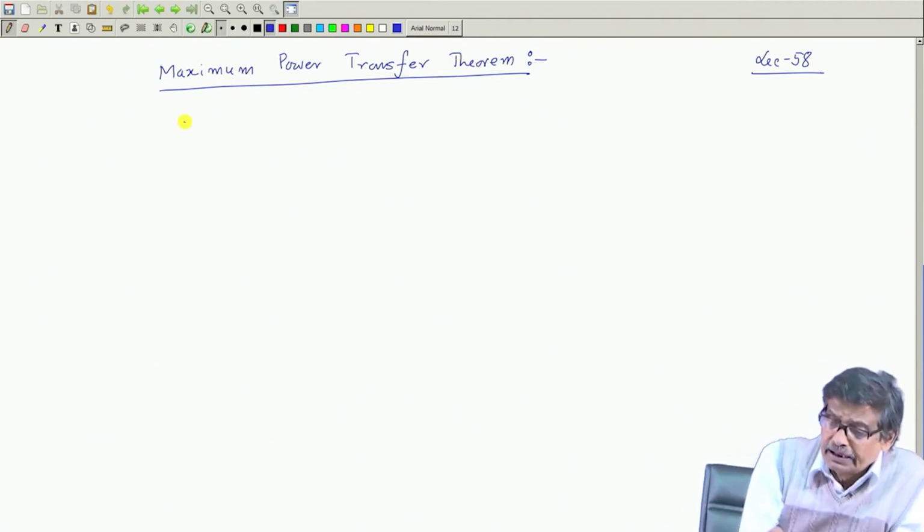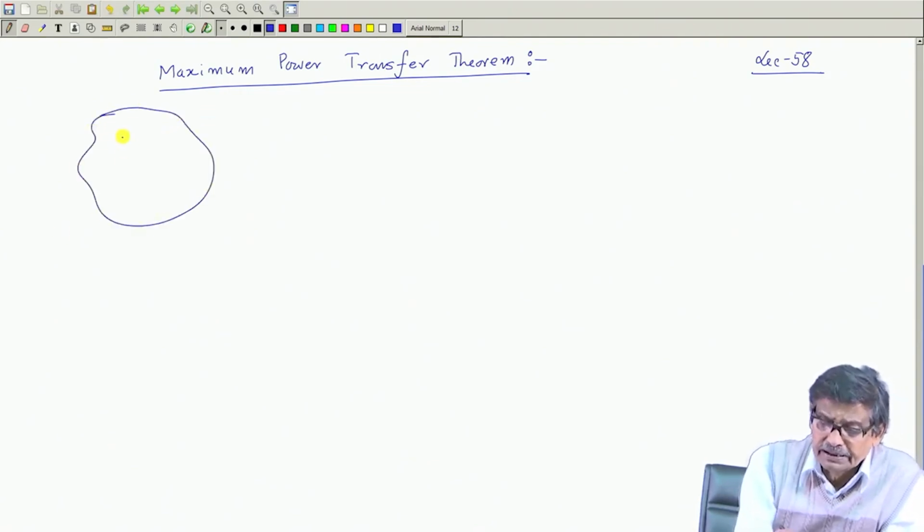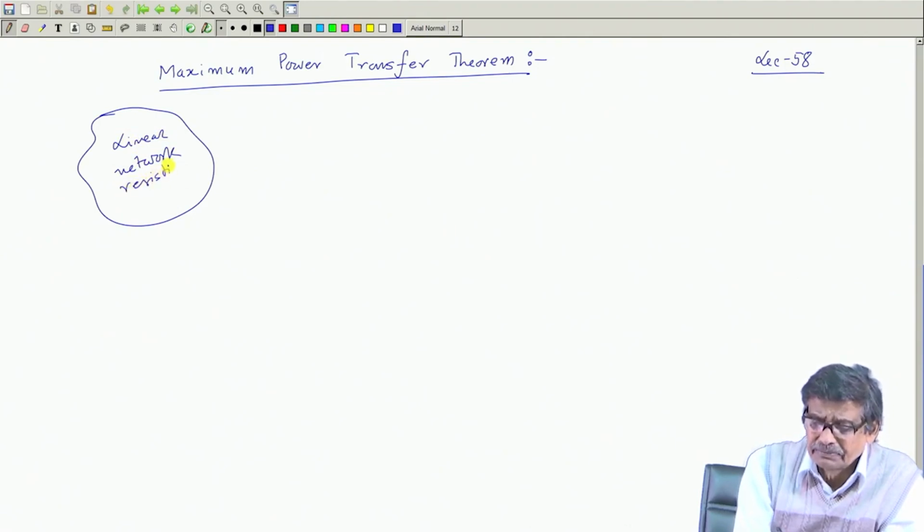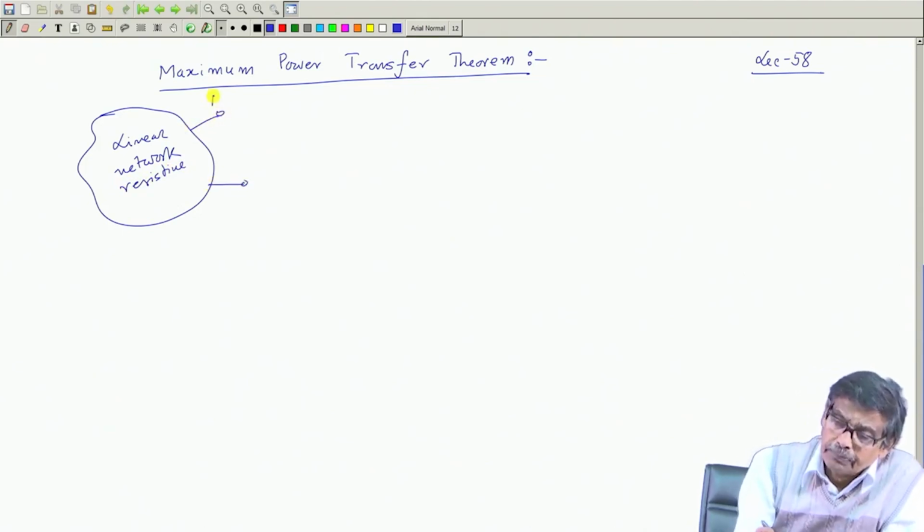To begin with, let us say that you have a network here, a linear network. Suppose it is a resistive network; we will see also for the AC circuit how it looks like. You pick up any 2 points.